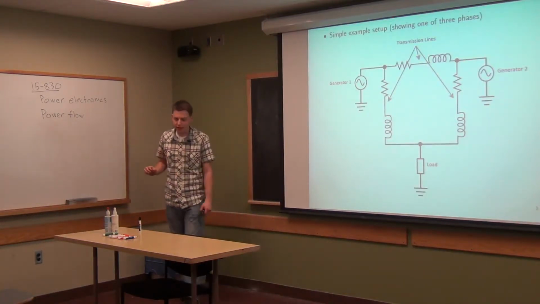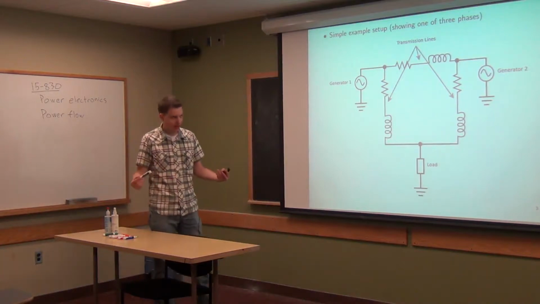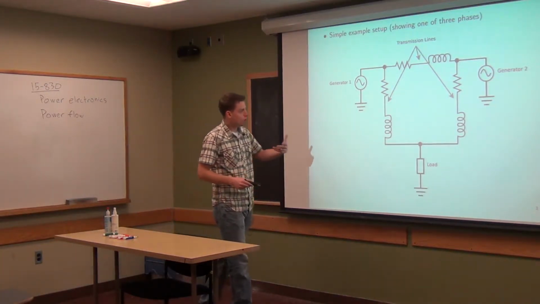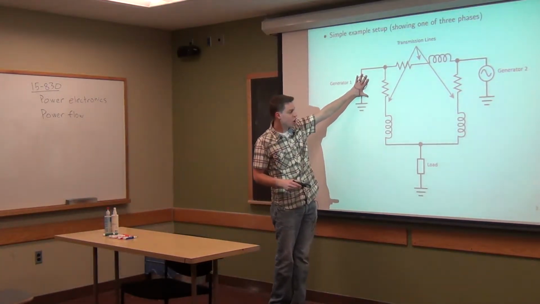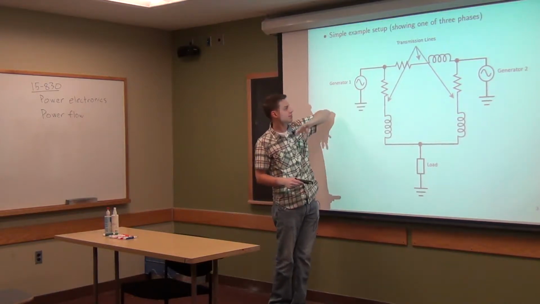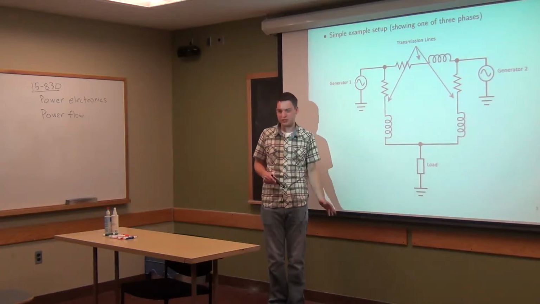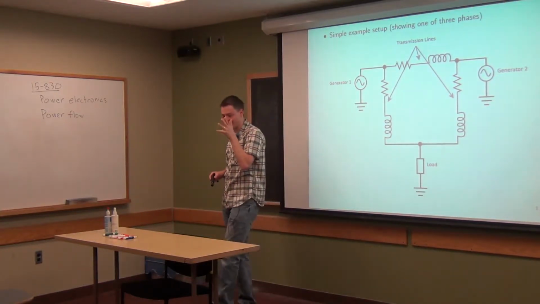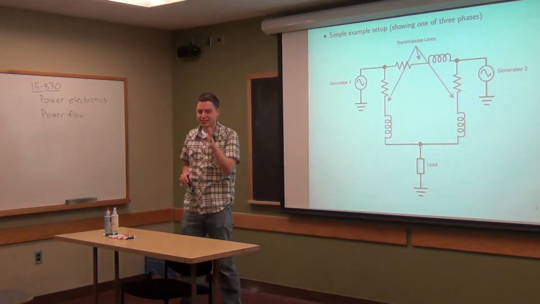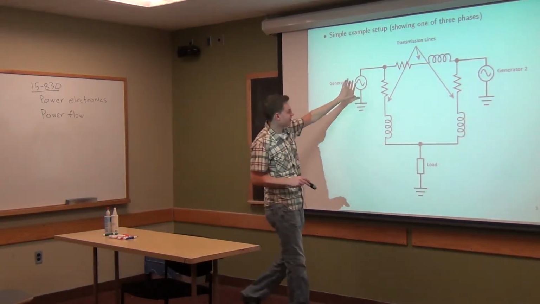But the basic setup that we have here is generators, which you can think of as AC power sources. Again, they're not voltage sources, they're really power sources. They prescribe a power and, well, actually, I take that back.